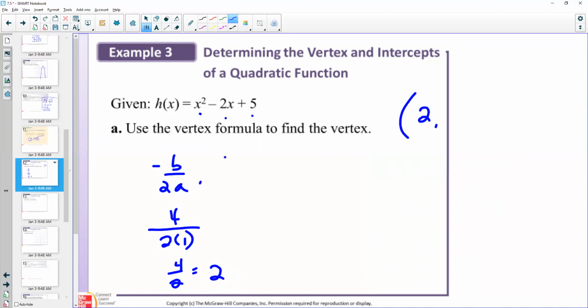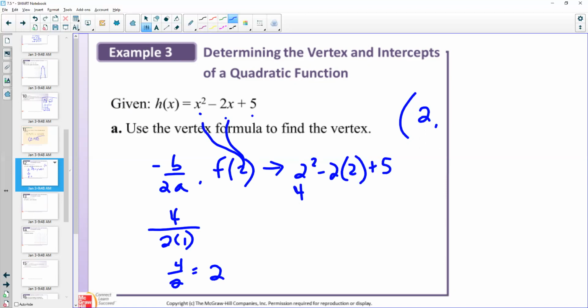The second number is f of 2. What that means is I'm going to put in 2 where I see x. So 2 squared minus 2 times 2 plus 5. Well, 2 squared is 4, minus 4, plus 5 gives me 5. So the vertex is (2, 5).